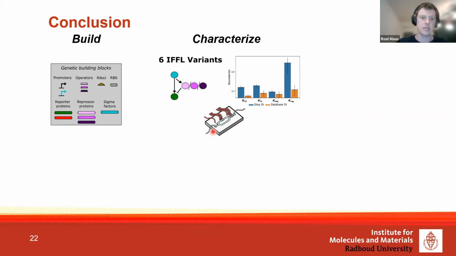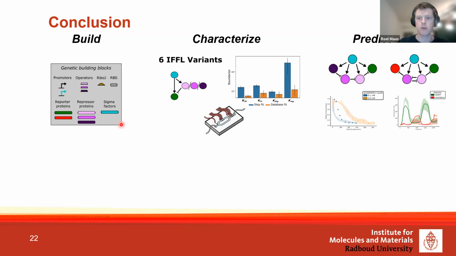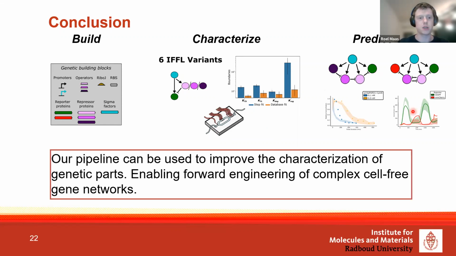And that with this now characterized library, we were able to predict the behavior of 2 different networks, both on a qualitative level as well as on a quantitative level. I hope that I convinced you that our pipeline can be used to improve the characterization of genetic parts, enabling the forward engineering of complex cell-free gene networks.